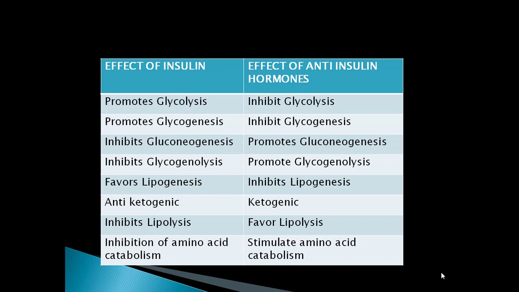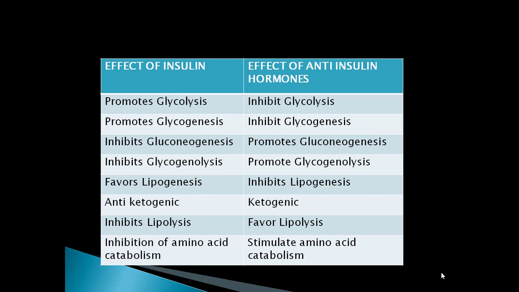For amino acids, they stimulate the catabolism of protein and amino acids, thereby generating glucogenic amino acids, which contribute to maintaining blood glucose level. So these are the effects of insulin and anti-insulin hormone on metabolism of various macromolecules.